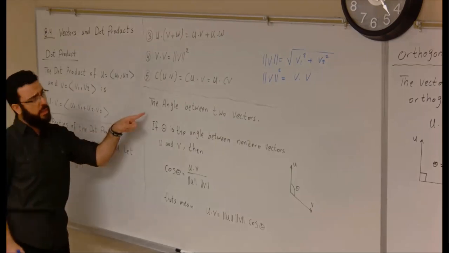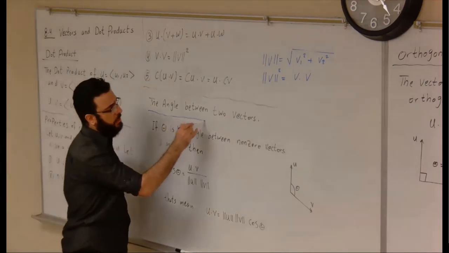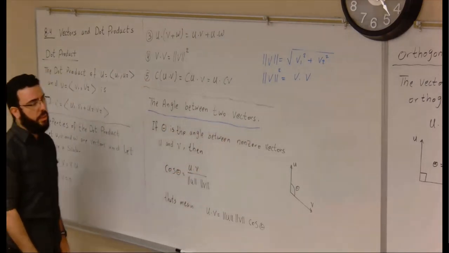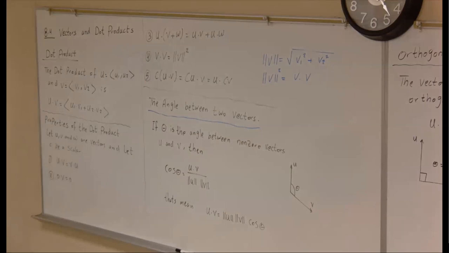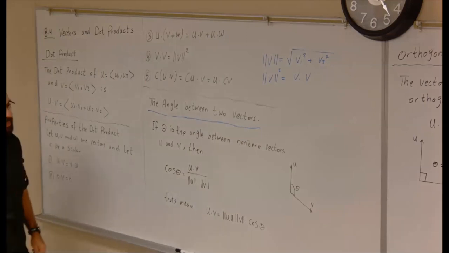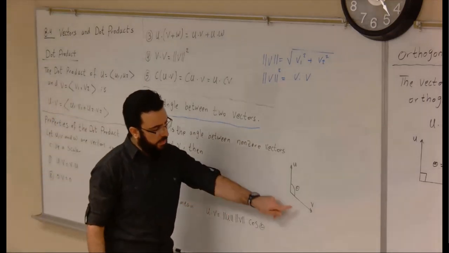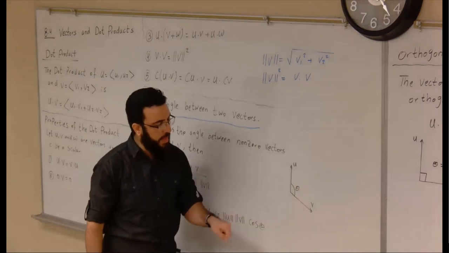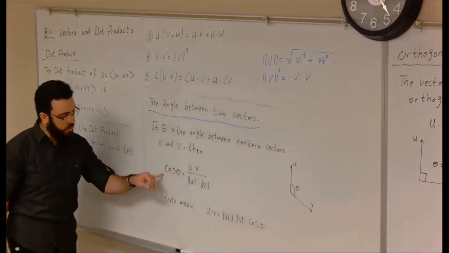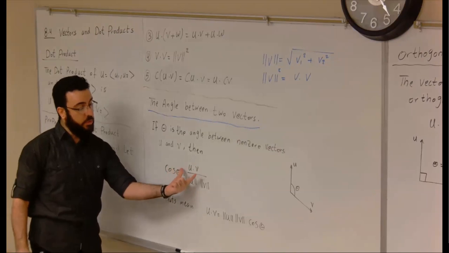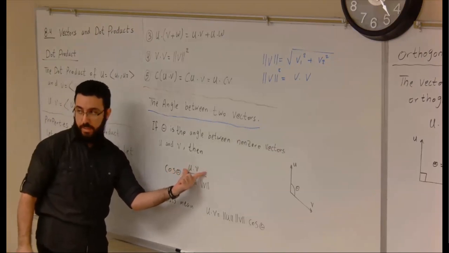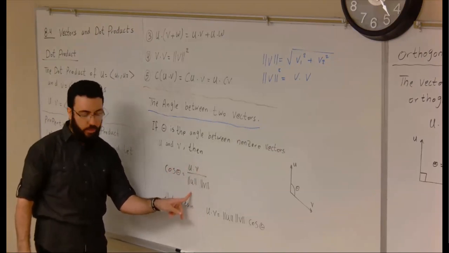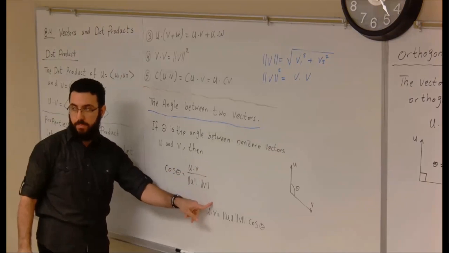Next part, find the angle between two vectors. If theta is the angle between two vectors, here is the vector u and here is the vector v. If we need to find the angle, cosine theta is going to be the dot product over the length of u times the length of v.